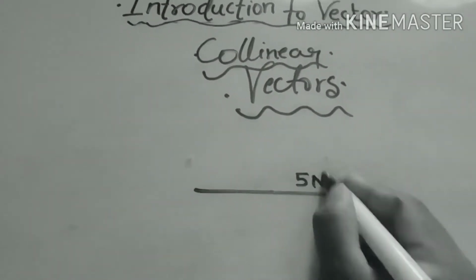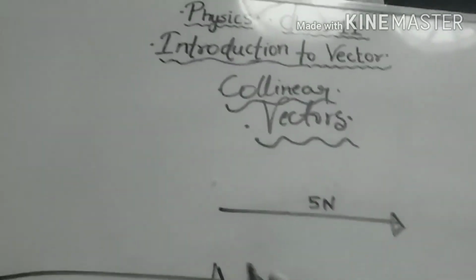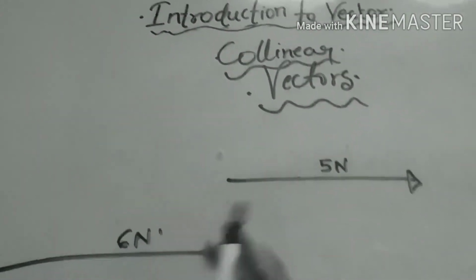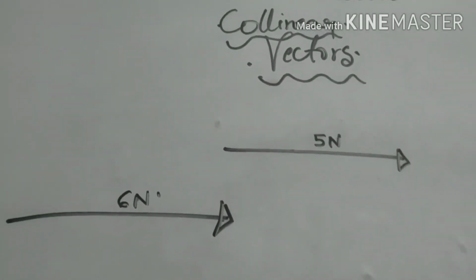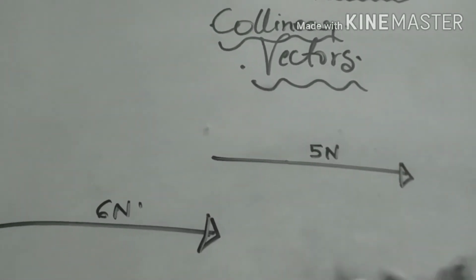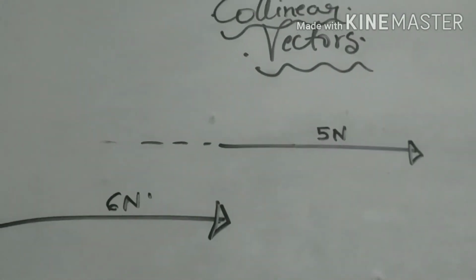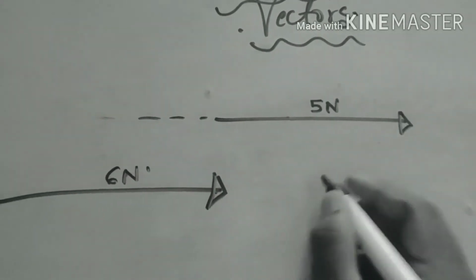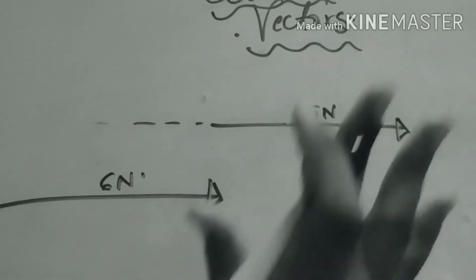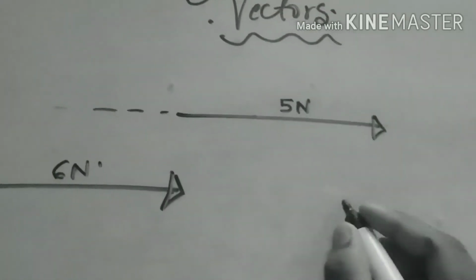Like we have a vector like this which is directed toward east and the value is 5 Newton, and this is another which is of 6 Newton. Both are collinear. How can we say that? We have seen collinear vectors are those vectors which lie in the same line or can be brought. These are not on the same line, but there is a rule that when we shift any vector parallel to itself, it does not change in magnitude and direction.